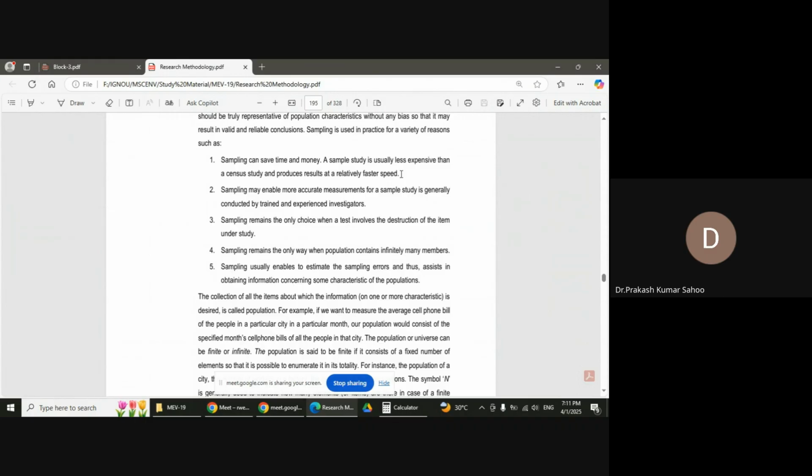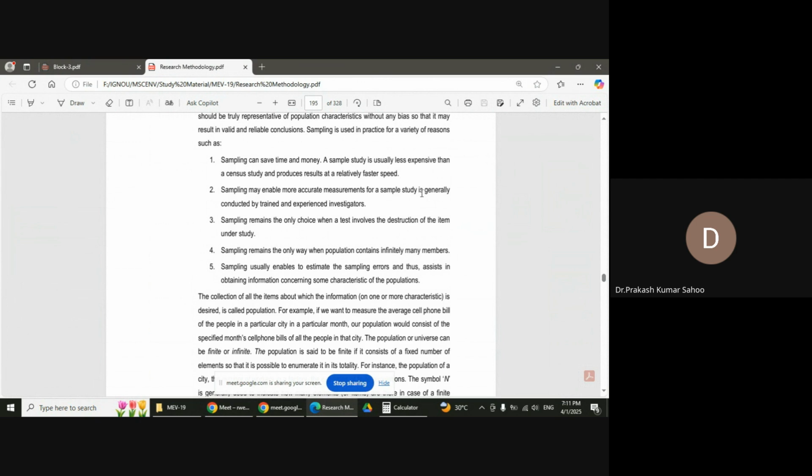If you go for analysis of the total population you have, then lots of time and lots of money will be used. But if I target a small sample from the huge lot, then my expenses and my time will be saved. Sampling may enable more accurate measurement.